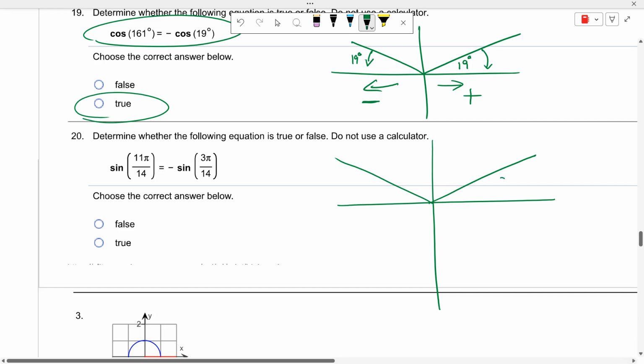Now, this is 3 pi over 14 away from the x-axis. 11 pi over 14 is how far away from 14 pi over 14? 3 pi over 14. So they are the same reference angle. What do we know about sine in quadrants 1 and 2? They are both positive. Sine in quadrants 1 and 2 are both positive. This says one's positive, one's negative. Is that true? No. This would be a false statement.